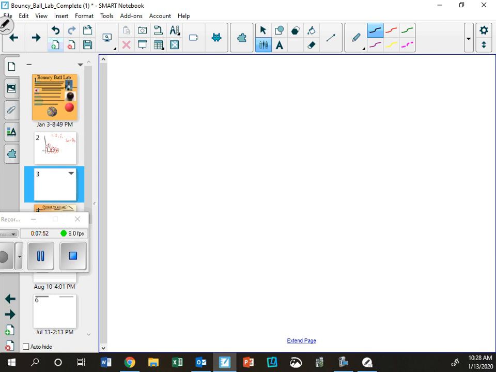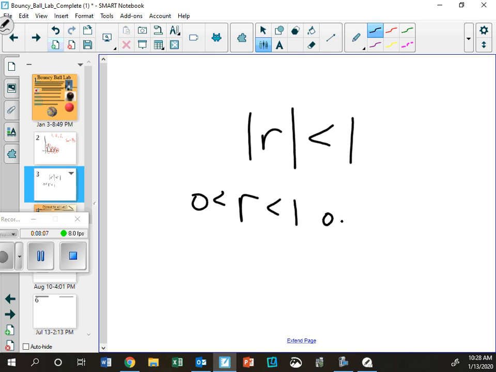But that's not safe to say either, because then you're involving big negatives. So, 2 ways to say it. R has to be between 0 and 1, or another way you could say it is R has to be between negative 1 and 1.